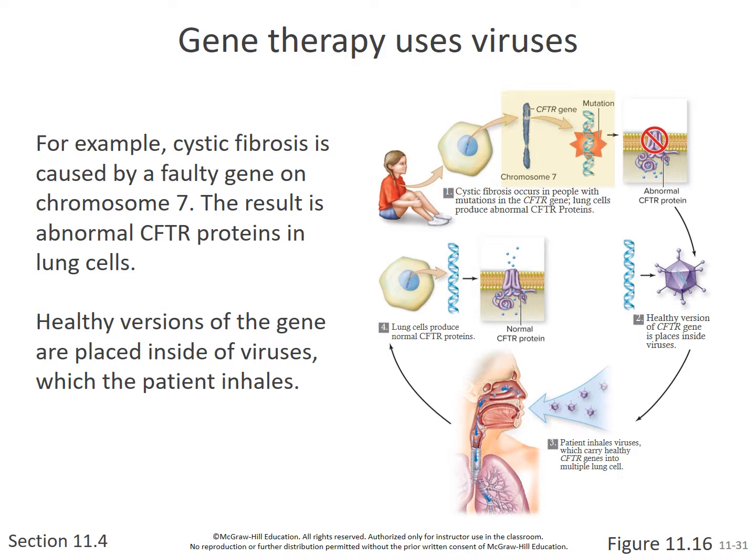Healthy versions of the gene are placed inside an empty virus that's being utilized by the doctors, and that virus goes in and attaches to those particular cells in question, and then implants the DNA of the new protein into those cells, and the mutated gene gets replaced by the normal gene.